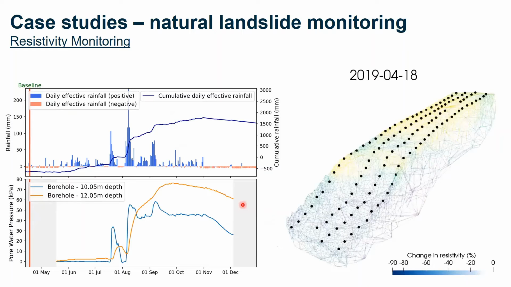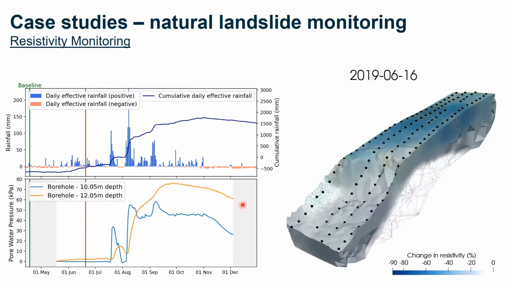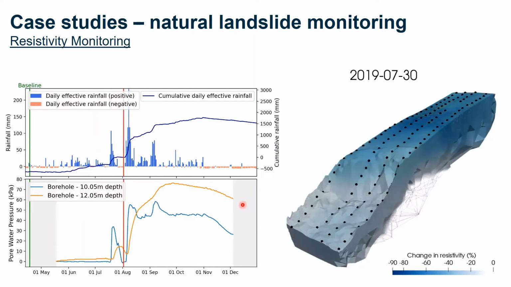And we show this as we go through the onset of the monsoon season. And we start to see that at the beginning of the monsoon season, the first few rainfall events start to wet the shallow layer of the surface. And then as we go through the peak of the monsoon, we start to affect the whole model and the whole slope.